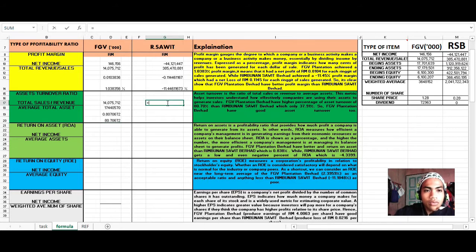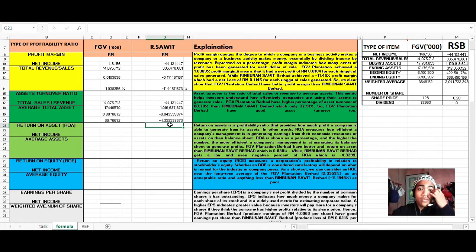For Rimbunan Sawit, total sales is negative 44, and for average total asset we take from RSB the sum of beginning asset plus ending asset, and then divide it by 2. We get 1 million, and then we divide it and times 100.